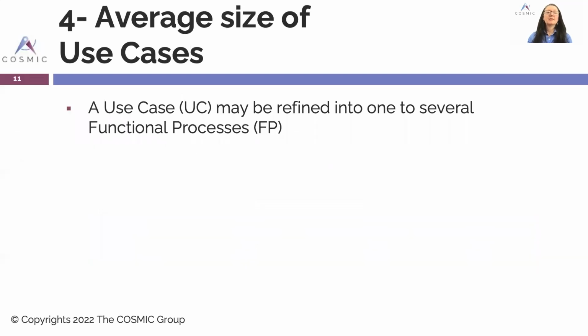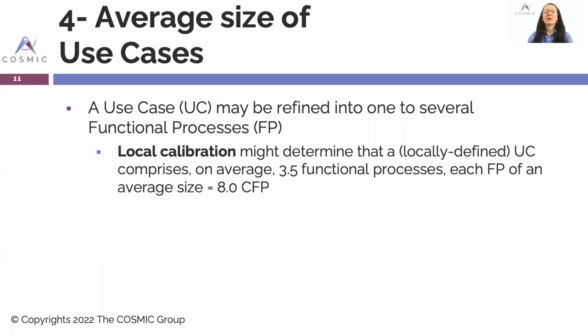The fourth technique: average size of use cases. Well, a use case may be refined into one to several functional processes. Local calibration might determine that a locally defined use case comprises, on average, 3.5 functional processes, each functional process of an average size of 8 COSMIC function points.